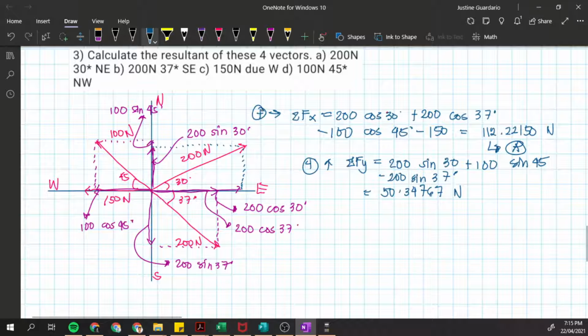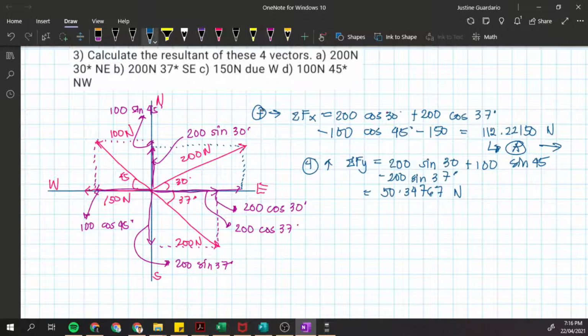Anong direction nitong mga na-solve ko na vector? Dito sa aking summation ng forces kay x, since ang pinag-a-add ko lang diyan is mga x vector, kung nag-set ako dito na kapag ang nakuha kong sagot dito ay positive, itong vector na to is papunta rin sa positive direction.